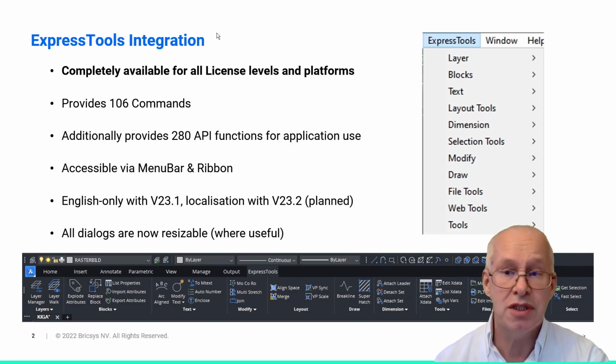Our Express tools do not only provide the end user's front-end commands, but also support third-party LISP developers by a large range of the so-called Express Tools API functions. And of course, the development of Express tools for improvements, increased compatibility, fixes, and more additions is an ongoing task, like the intended localization for all BricsCAD languages during version 23.